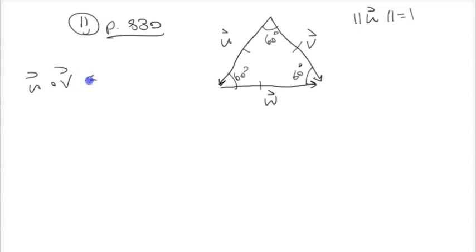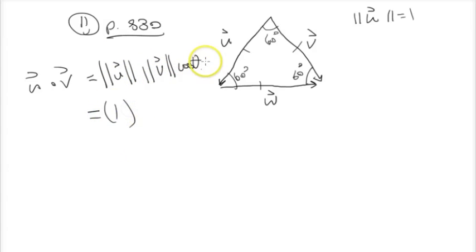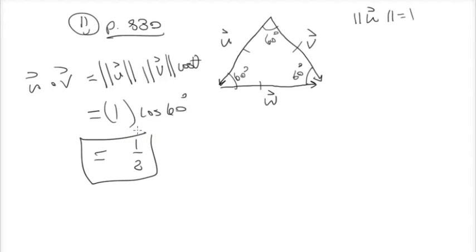And so given our property that the dot product between u and v will equal the magnitude of u times the magnitude of v times the cosine of the angle in between them, since both of these magnitudes are going to be 1, we've got 1 times the cosine of 60 degrees, and the cosine of 60 degrees is going to be a half. So that dot product is pretty easy, that's a half.